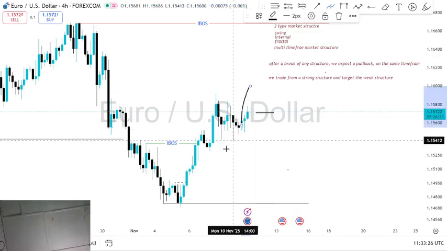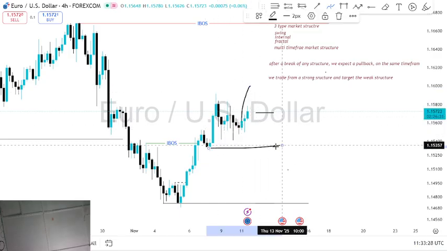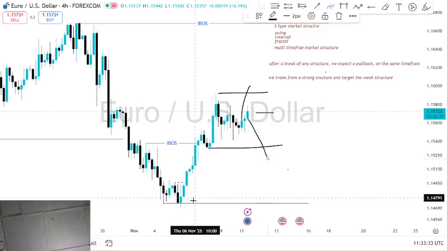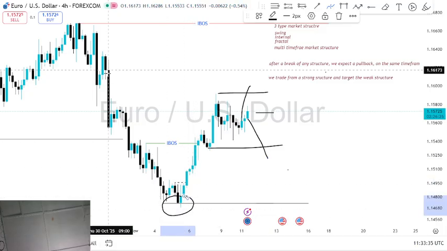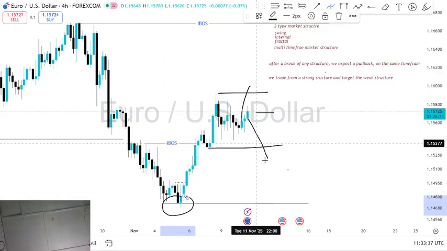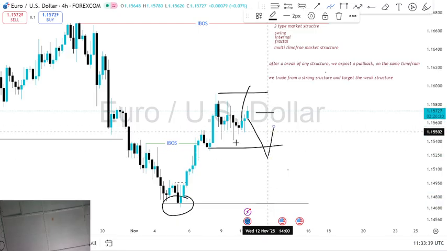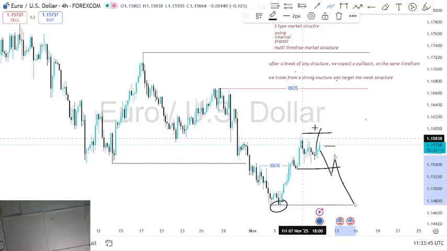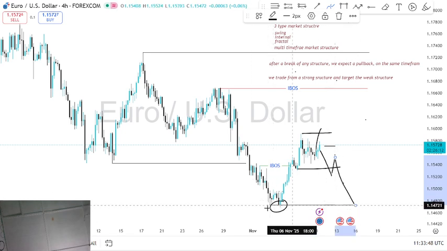But when a strong low gets broken, it will signal that now here is weak. The internal pullback has finished, and trend has shifted, because here is a strong structure. Now trend has shifted, and we are continuing the internal. We are targeting the lows.